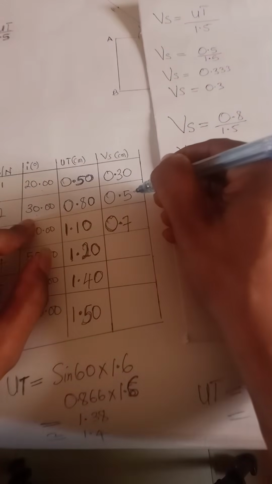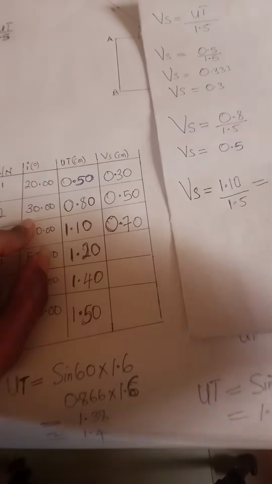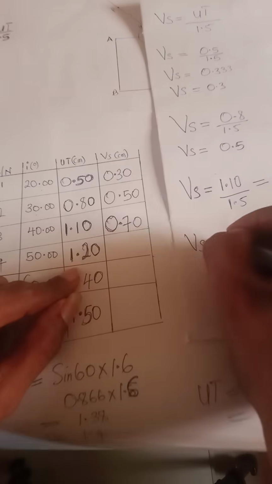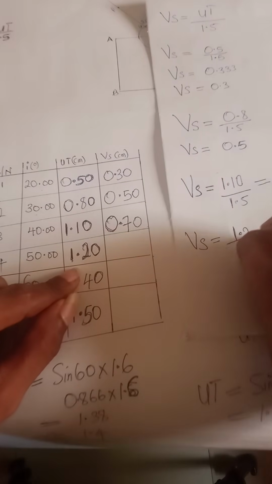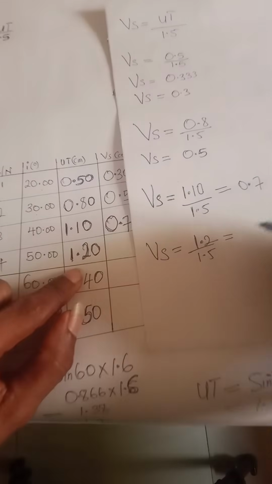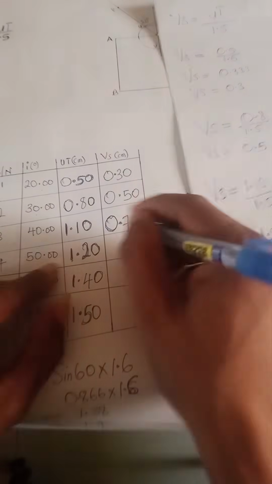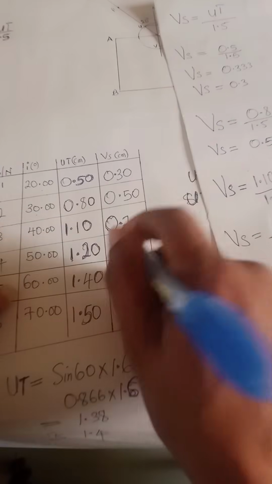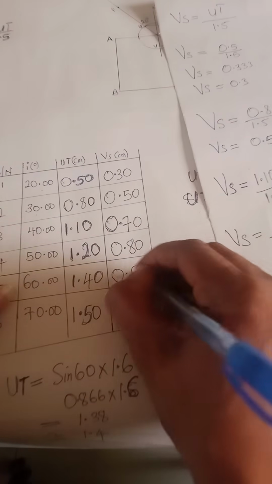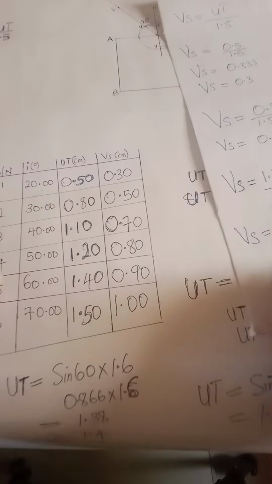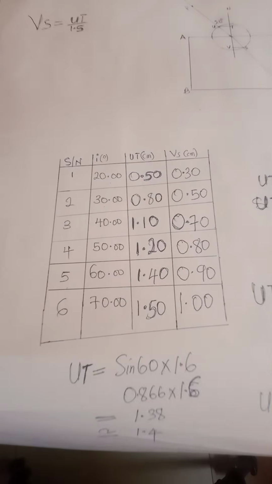Then when it is 1.2, Vx is equal to 1.2 divided by 1.5. So it will give me 0.8. So I will have 0.8 here. Then finally, this will give me 0.90, and this will give me 1.00. So you can see how I got these readings.